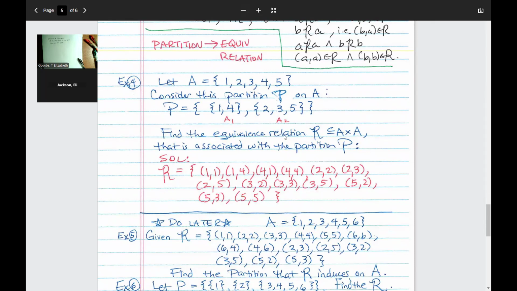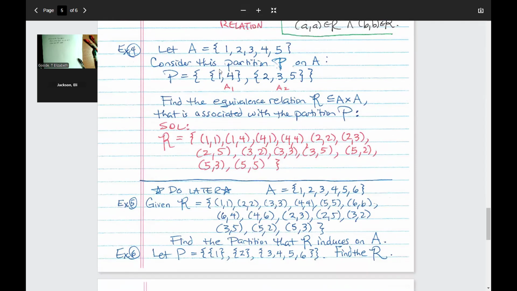So to find the equivalence relation, it's going to be a subset of A cross A. That means it's ordered pairs where first and second coordinates come from A, that is associated with P. So what do we do? Well, look at the first partitioning set. It's got 1 and 4 in it. So 1 is related to 1, 1 is related to 4, 4 is related to 1, and 4 is related to 4. You need all 4 of those ordered pairs. See it?